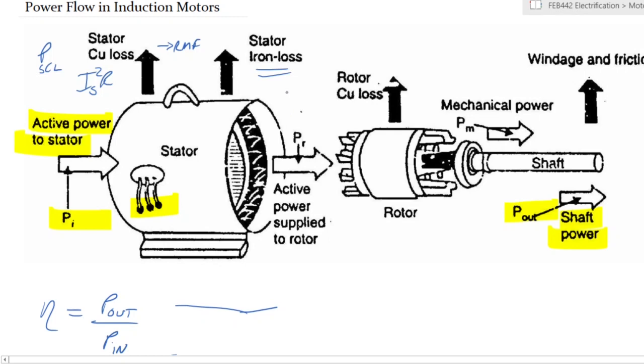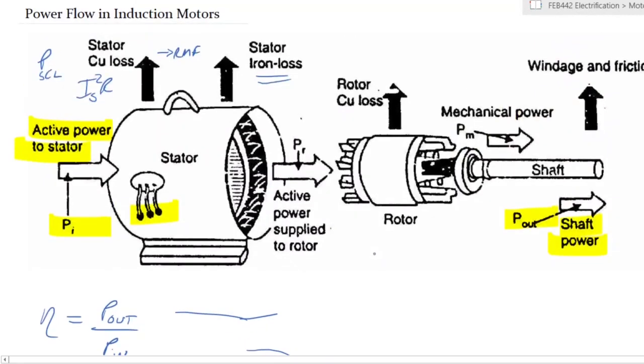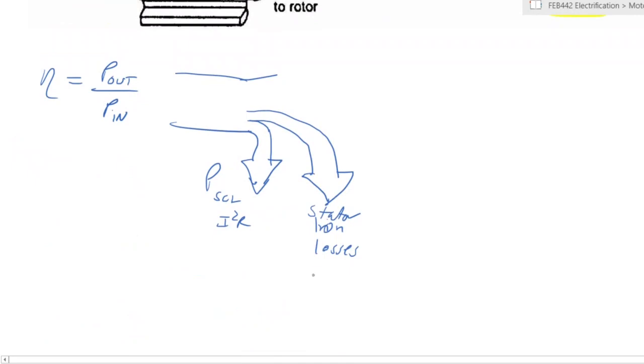So you have energy being used in setting up your magnetic field. That means you have more losses in the form of iron losses in the stator. That is a heat loss due to the properties of the core. So we call that P core.